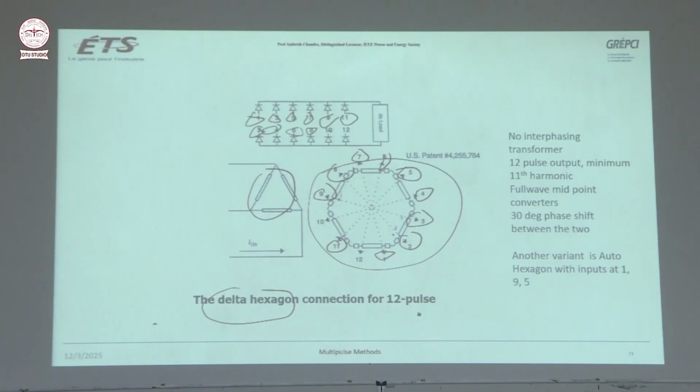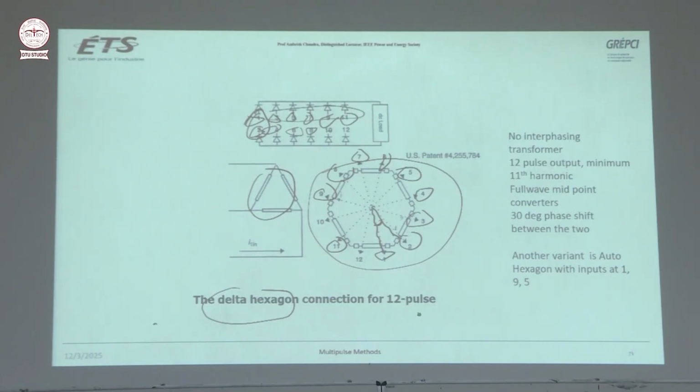Okay, so this is a full wave midpoint converter, and between 1 and 2 it is 30-degree phase shift because there are how many? 12. 360 divided by 12, so 30-degree phase shift, right? So it is having 30-degree phase shift.